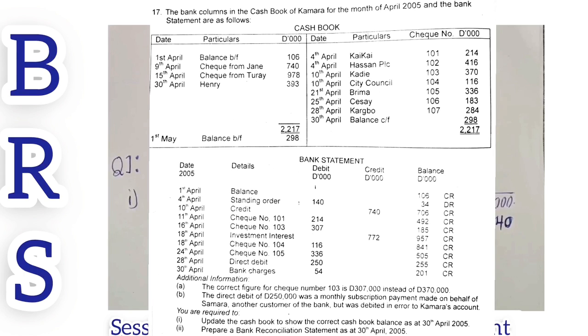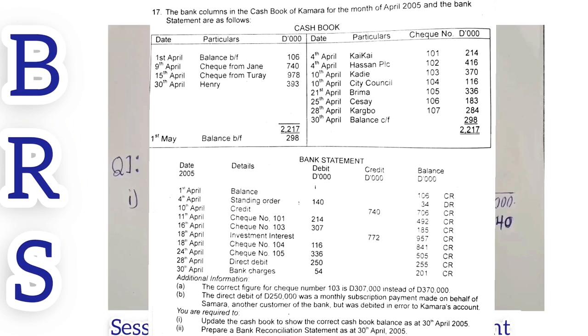So here it is a direct debit made by the bank and not by the customer. All adjustments I'm going to make in the updated cash book should be errors that the customer failed to record, and not errors made by the bank. So it won't be part.